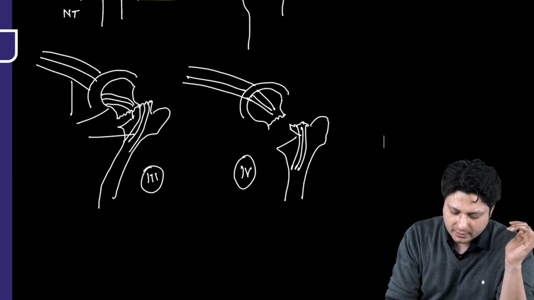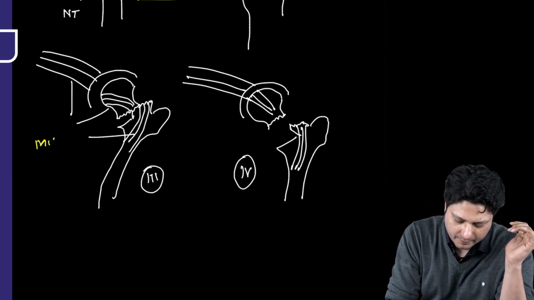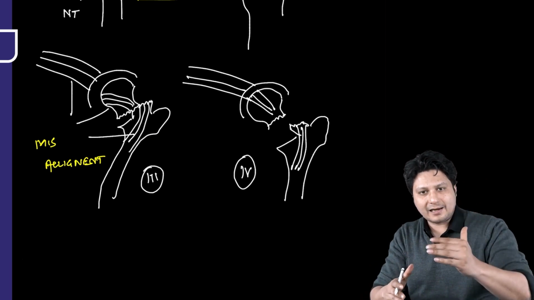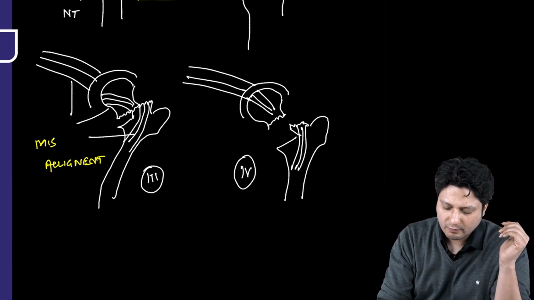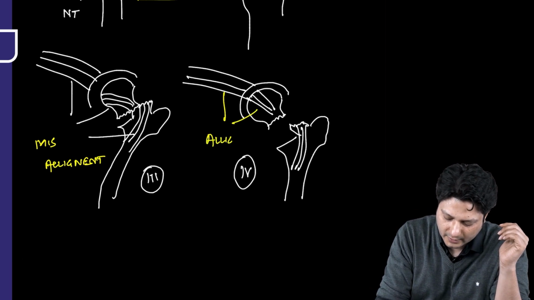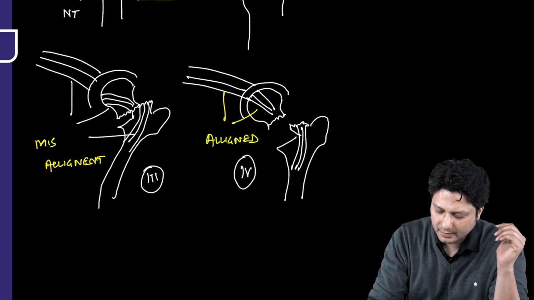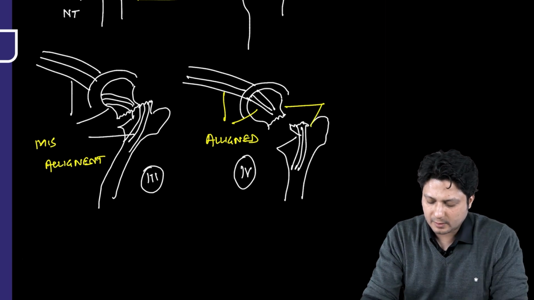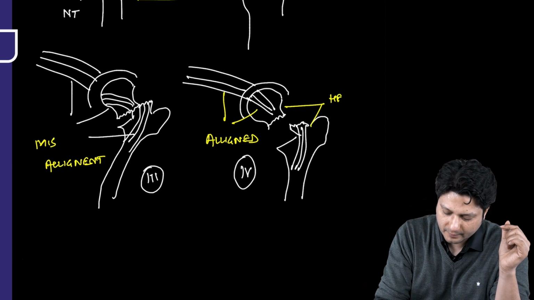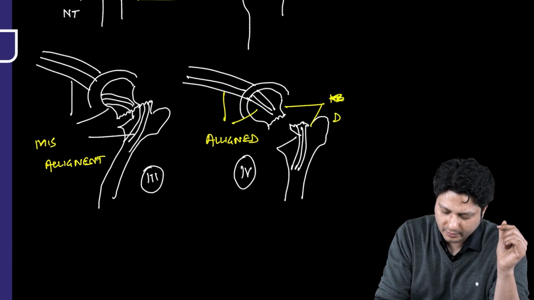In type 3 there will be a complete misalignment, meaning all the three trabeculae will be completely misaligned to each other, while in type 4 the acetabular and head of the femur trabeculae will be aligned, but there will be de-alignment of the trabecular arrangement in the head of femur and neck of femur.